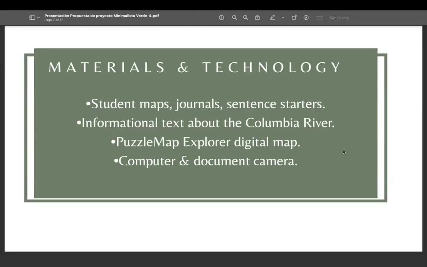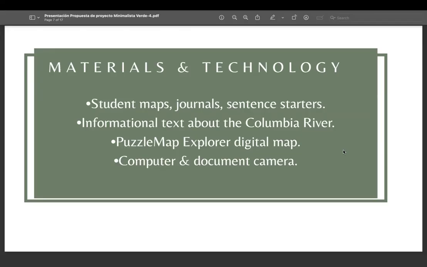And then the materials and technology. Each student will have small individual maps, their journals, and sentence starters. For the informational text, a first grader wouldn't really understand the original clues, so we added all of them together into one explanatory text that is very precise, short, and concise for children to understand.